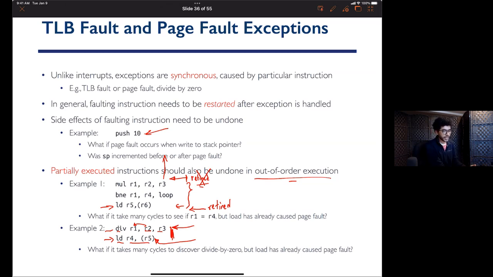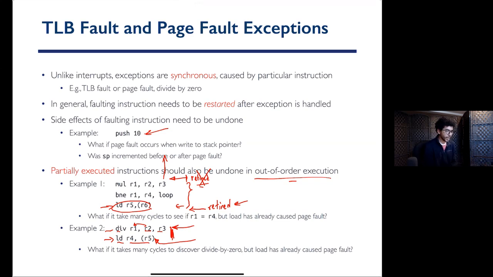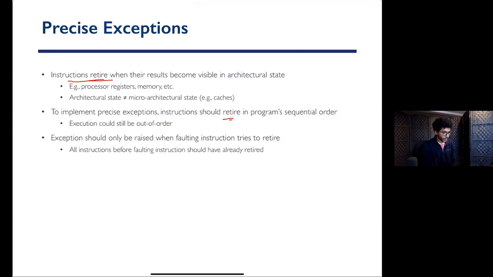And then if I realize that this guy is causing an exception, then by the time that I update my retired pointer, I can take that exception. So basically, this bullet says that we only take exceptions for the instructions that are retired, and we ignore exceptions that are caused by instructions that are not retired.